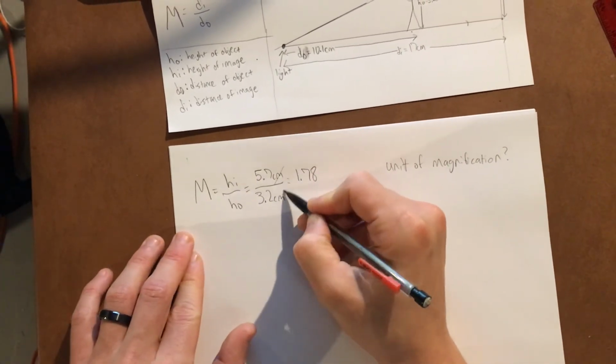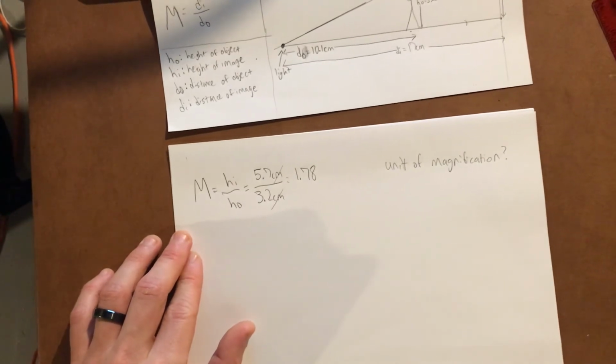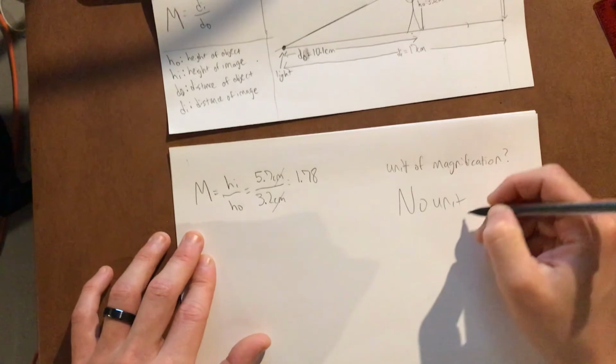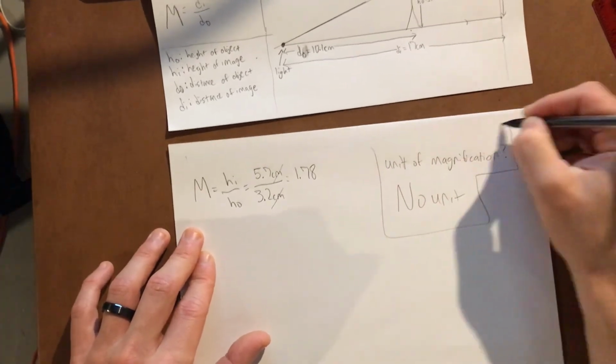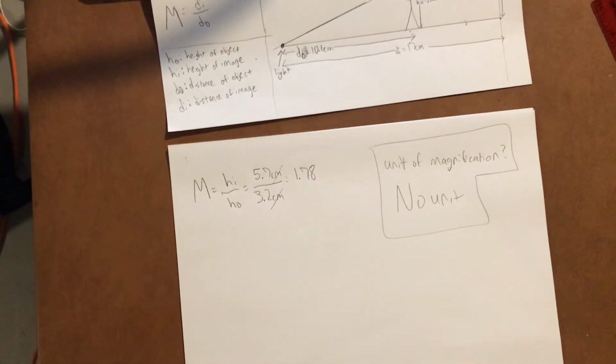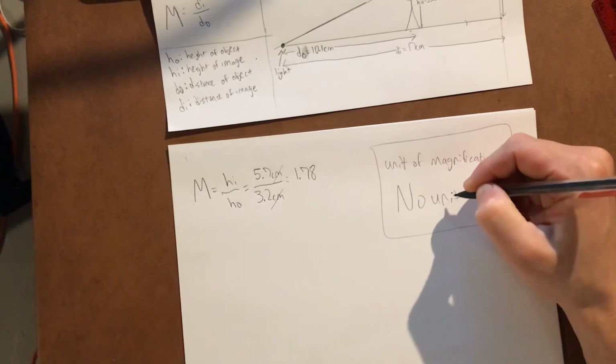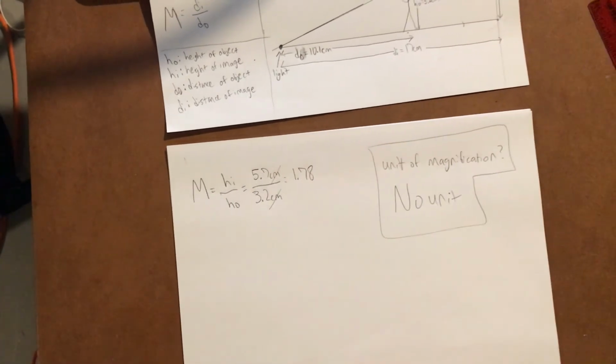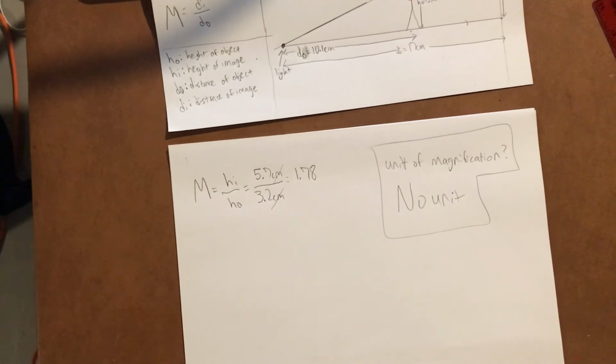Because when you divide, the centimeters cancels, which means you have no unit for magnification. Because the units cancel, 1.78 means 1.78 times bigger. That's it. But there's no real unit you need to write.